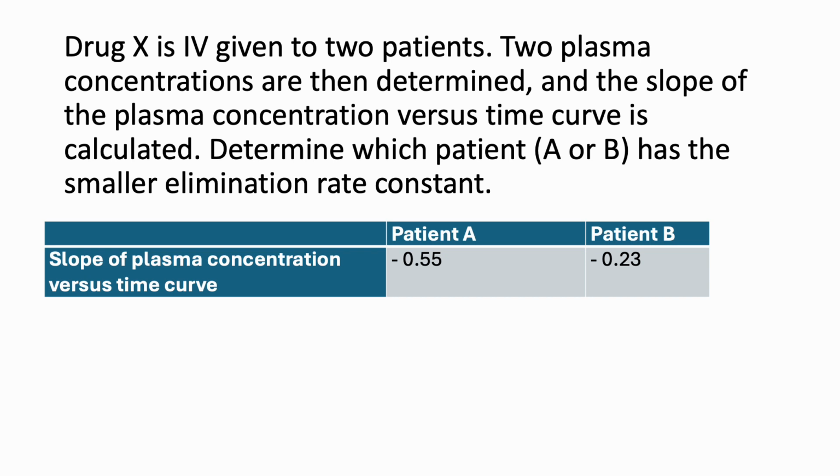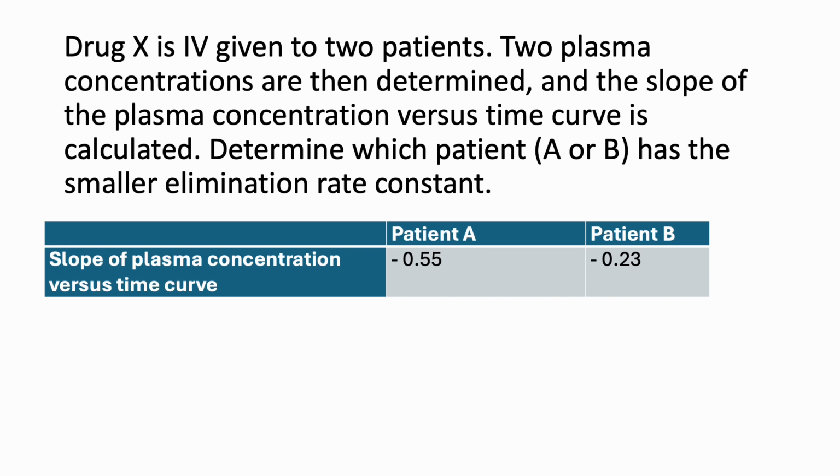Question. Drug X is given IV, or intravenously, to 2 patients. 2 plasma concentrations are then determined, and the slope of the plasma concentration versus time curve is calculated. Determine which patient, A or B, has the smaller elimination rate constant.